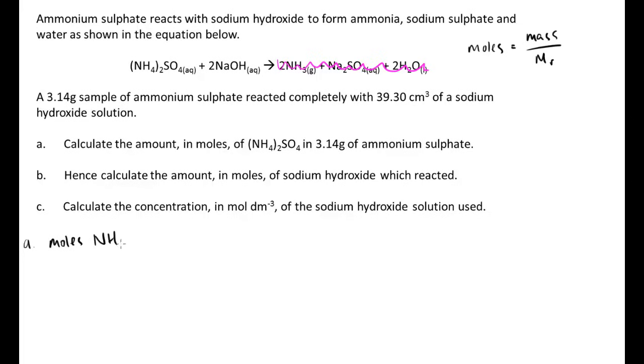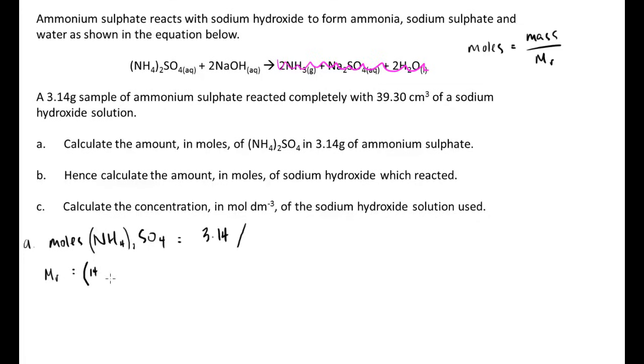So moles, and state what you're doing. This is the moles of ammonium sulfate, and that is equal to my mass, 3.14, divided by my Mr. Now my Mr here is going to be, we'll put this all in brackets, it's probably easier, nitrogen is going to be 14.